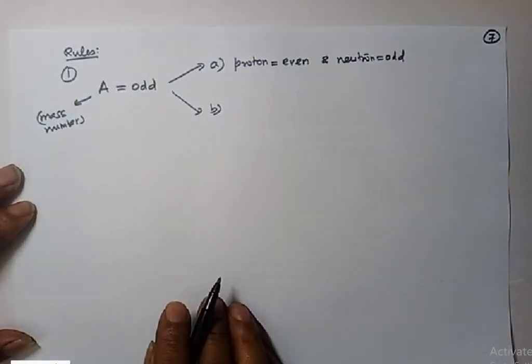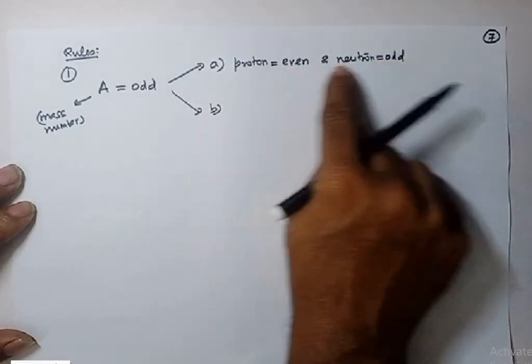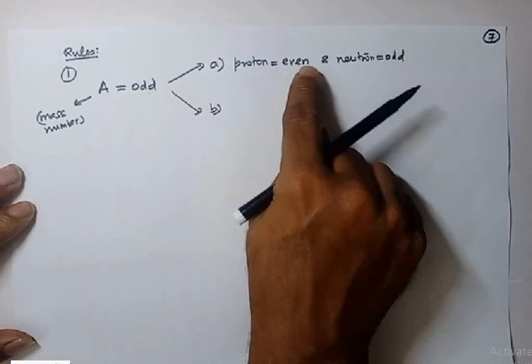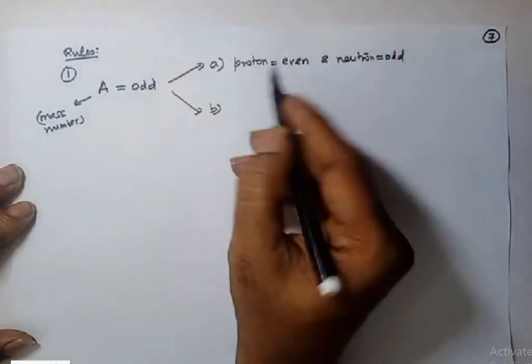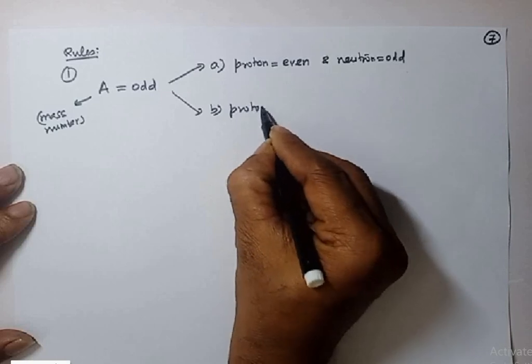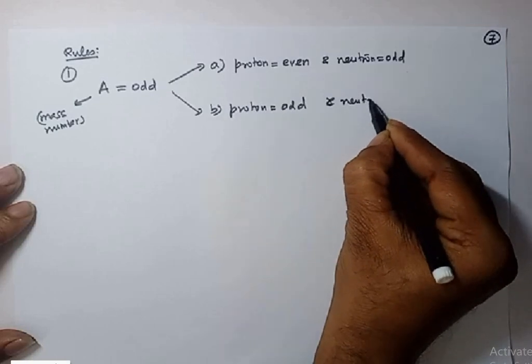You see, this is even, this is odd. If I add the two, one is even and another is odd, I will get odd, which is the mass number. What is the other possibility? Proton number is odd and neutron number is even.